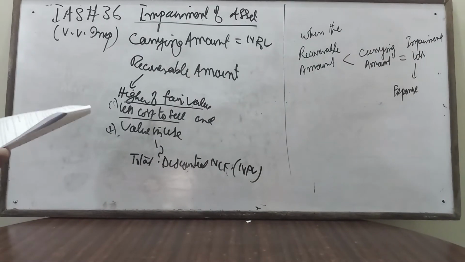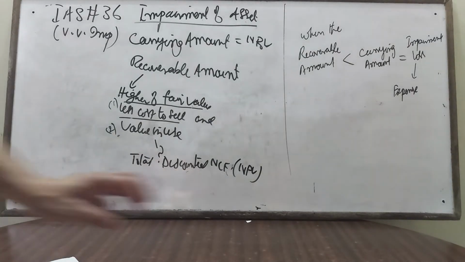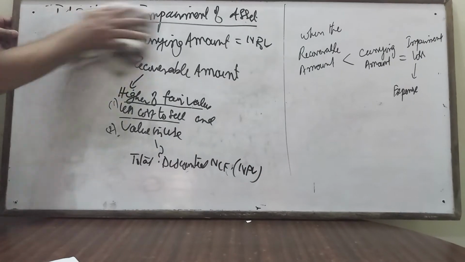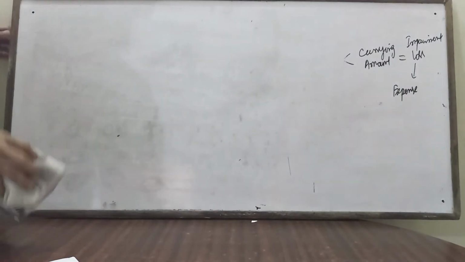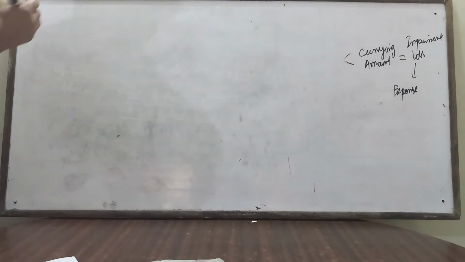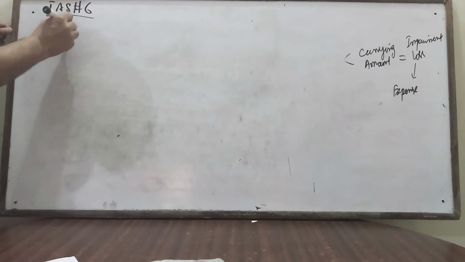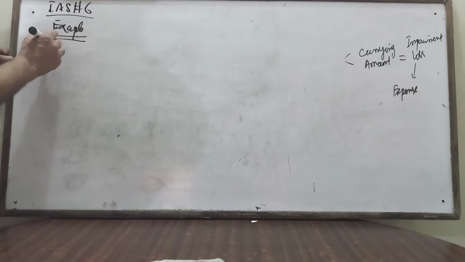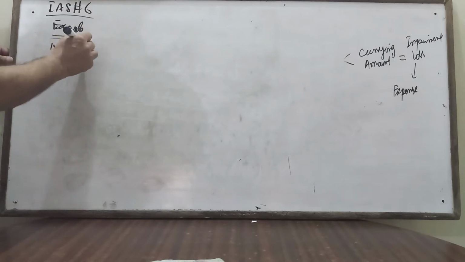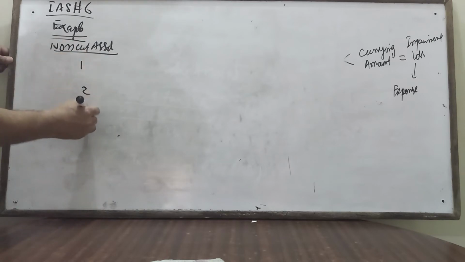Let's say for example, I'm giving one example here in this same IAS 36. There are 3 non-current assets, non-current assets 1, 2 and 3.